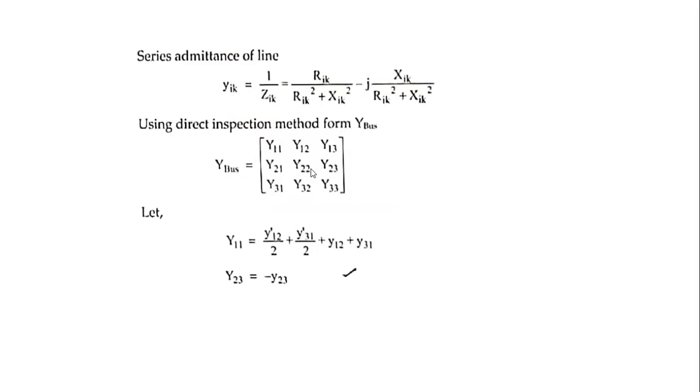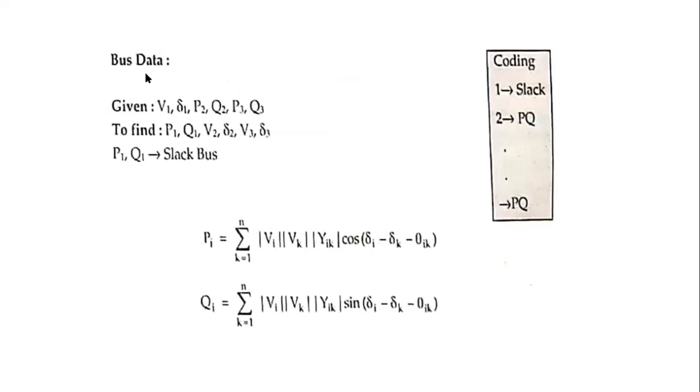Next, form the Y-bus matrix by using this direct inspection method. Y11 means the lines 1 to 2 and 3 to 1, and Y23 is equal to minus Y23.